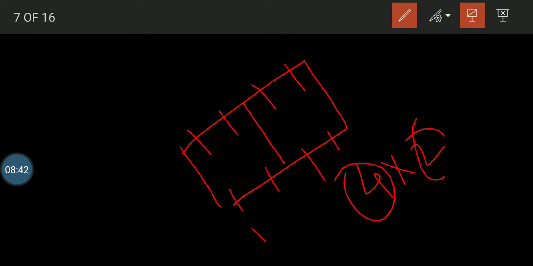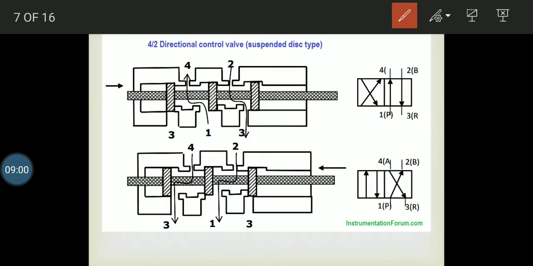This numbering can be changed depending upon the book we are referring. Normally I am using this number sequence: 1 to 2, then 3 on the side of the 2, and 4 in the opposite. So we are having 4 total ports and 2 sections. It is like this in the symbol.